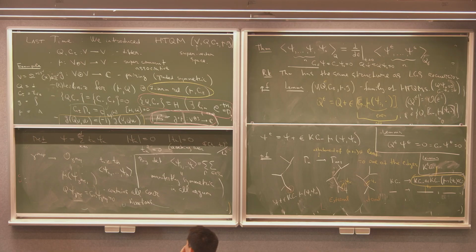And this is an old result by Shadrin and Losev. I think it's a 20-year-old result: they were interested in constructing new solutions to WDVV, and they found a nice way that, given HTQM data, you can construct a solution for WDVV from this HTQM data.